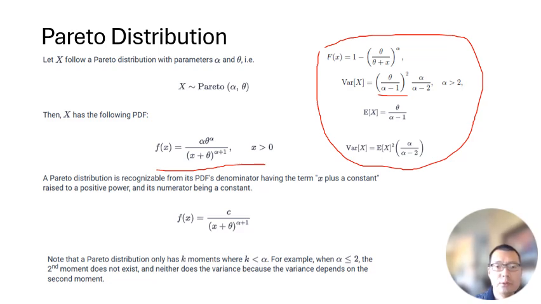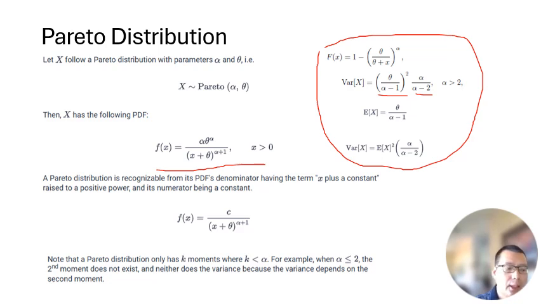So if alpha is equal to 1 or alpha is equal to 2, you can see the denominator will be 0. That's why if alpha is equal to 1 or 2, you cannot have a variance, because the denominator will be 0. Then the variance of X is infinity.